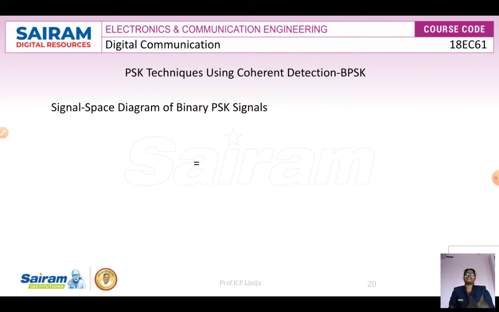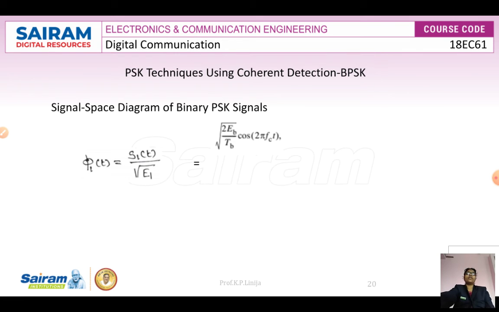Now let us discuss the signal space diagram of binary PSK signals. We are aware that the basis function phi 1 of t is equal to S1 of t divided by root E1.